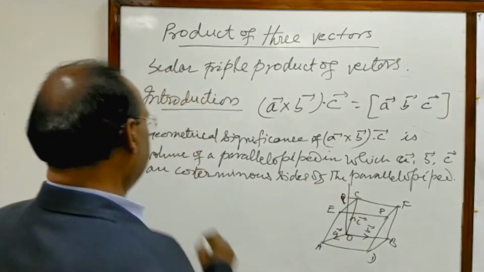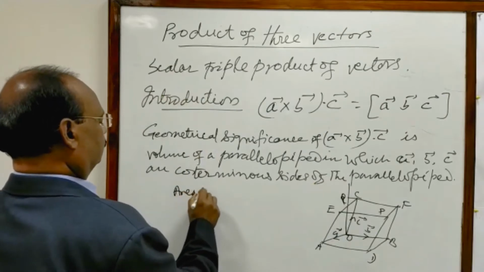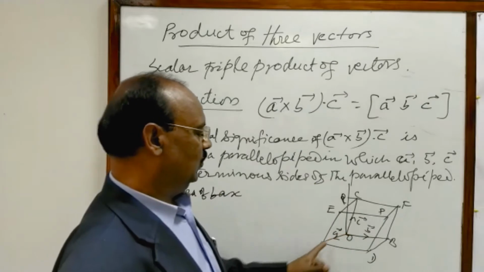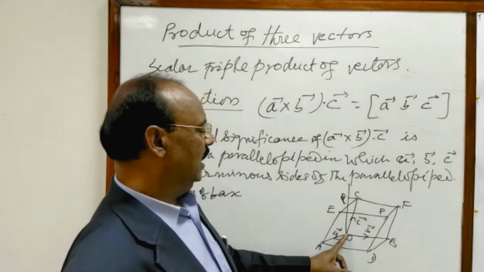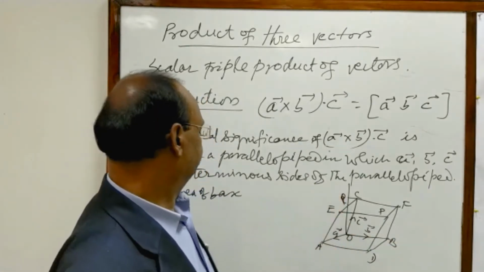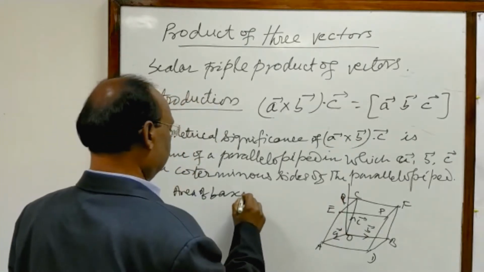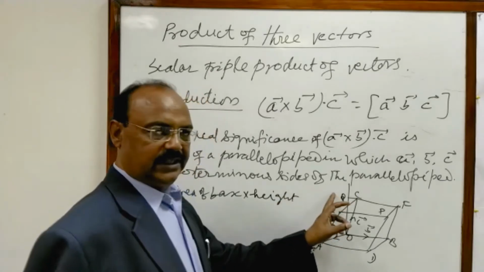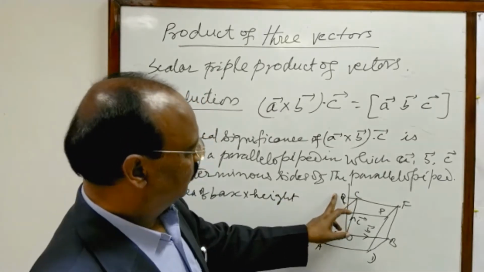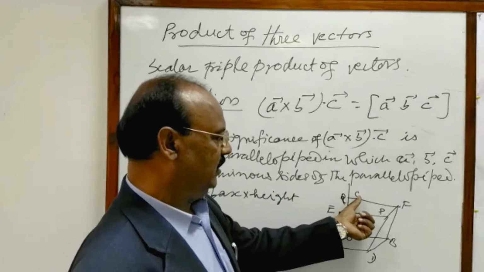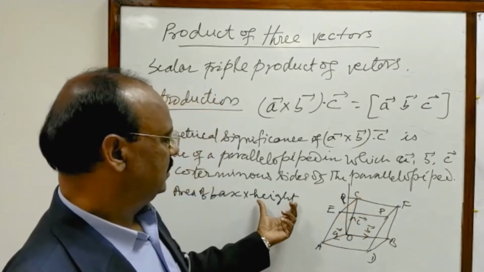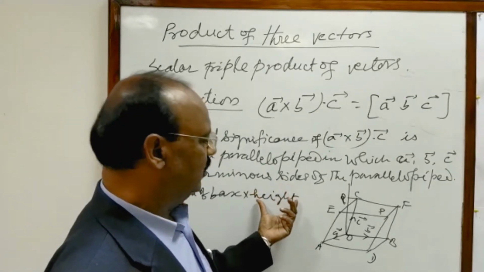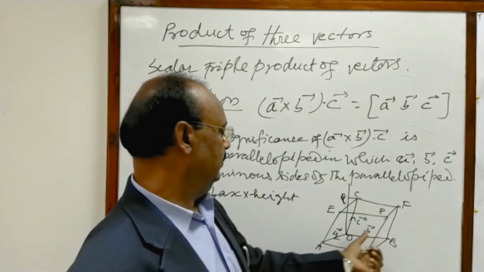So here the area of base, I mean parallelogram OADB, into height OQ, which is the projection of vector OC. So this is the altitude, this is the height, this is perpendicular to the base OADB.